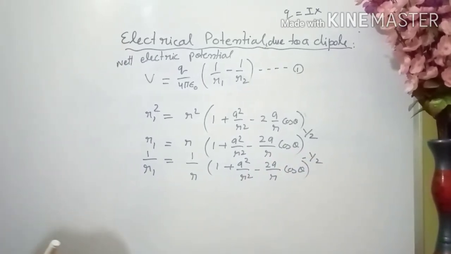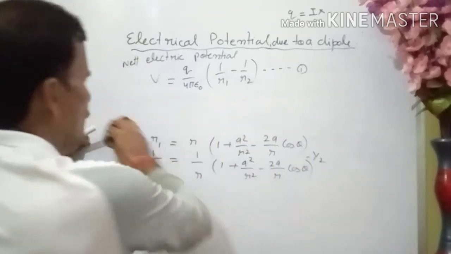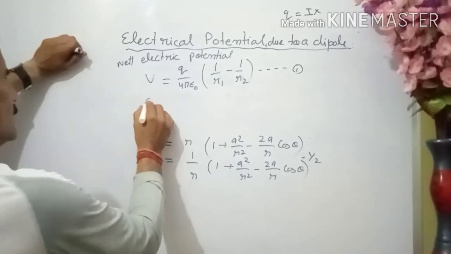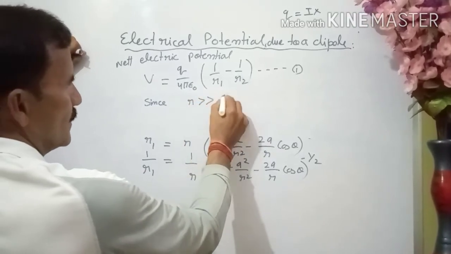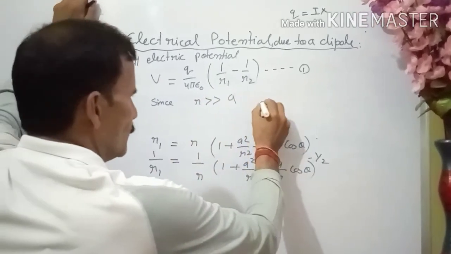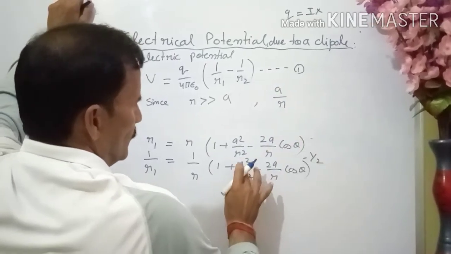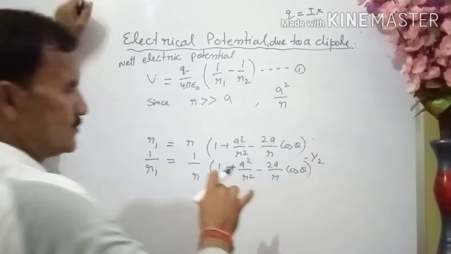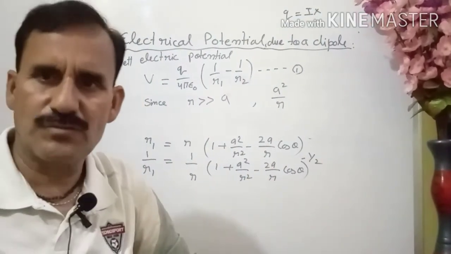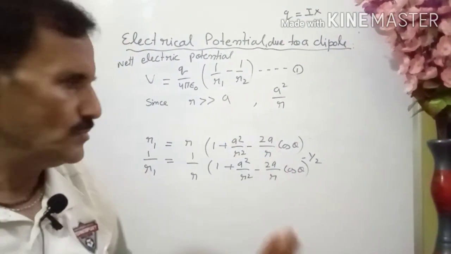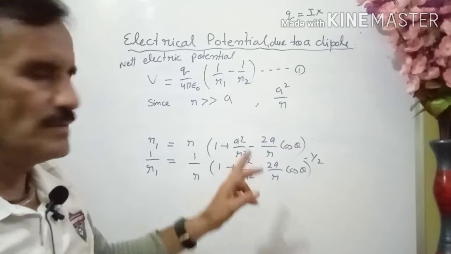Okay. Now let us take the approximation. Since r is very, very large as compared to a, therefore a upon r is very small, so the square of that is also very small. Suppose it has some value, but necessarily it will be very small, so you can neglect it.